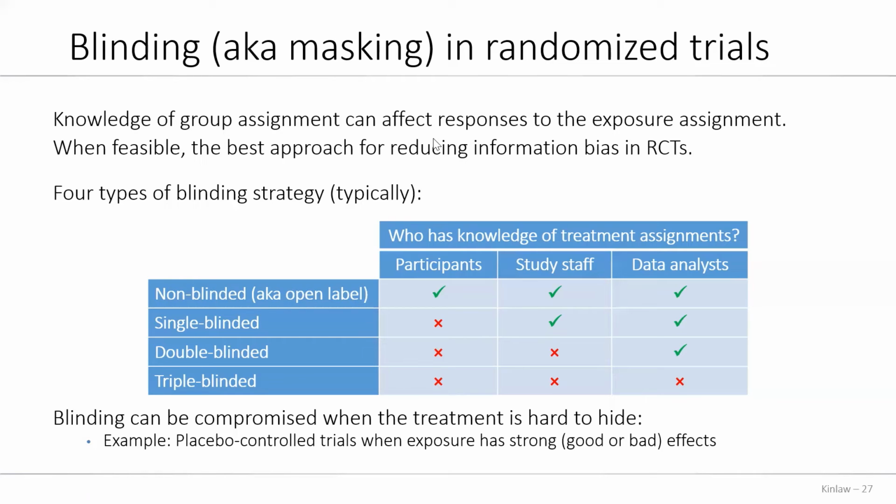This might happen if participants in a study are easily able to observe what type of exposure they got, say being given an oral versus an IV antibiotic. The study staff would have to know that as well. But there's no real need for the data analyst to know that, and it could offer one protection against information bias. Indeed, in our clinical throughline example, this is the type of blinding that occurred.